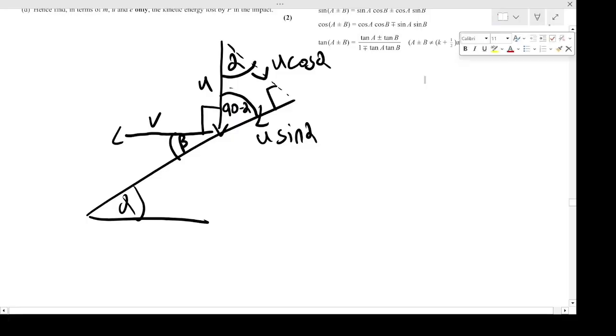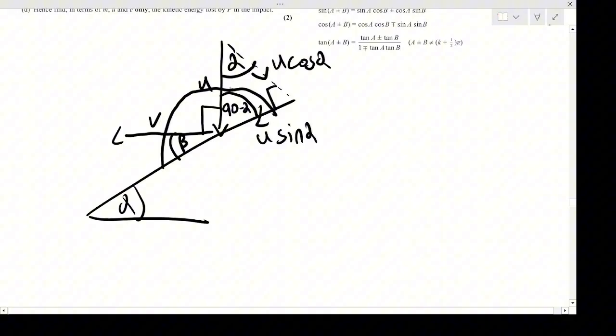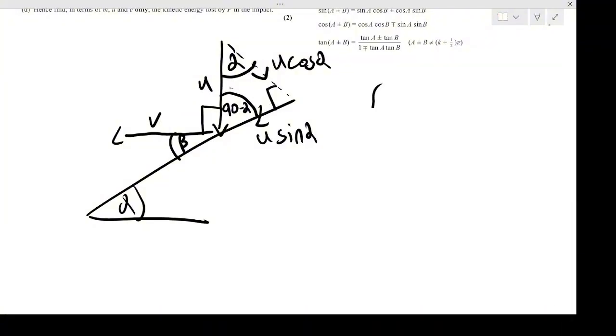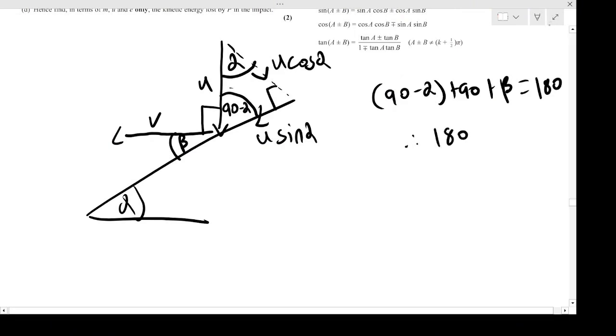Well, actually, also notice this whole angle here is 180 degrees because this is all on a line, which therefore means 90 take away alpha, add the 90-degree angle here, add the angle beta, has to be 180, right? So we can simplify this equation. So that's going to be 180 take away alpha plus beta to be 180.